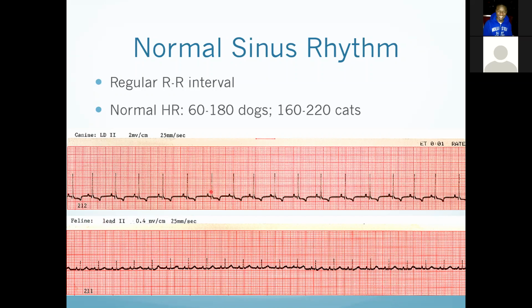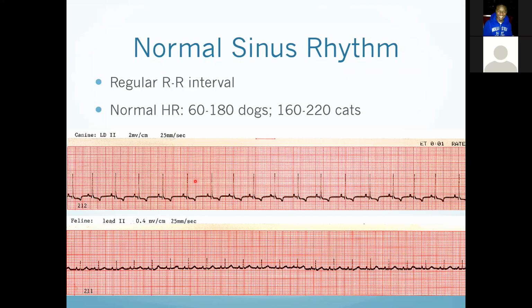Then we need to ask ourselves, okay, we've seen P waves, we've seen QRS complexes, but are they associated? Is there a relationship with them? And we look all the way through and we look at that PR interval, and it's pretty identical on each complex. So we can say here with good confidence that yes, these P waves are associated with these QRS complexes. So there is what we call AV association. And so we know that these must all be transmitted down from the sinus node through the conduction tissues to the Purkinje fibers.